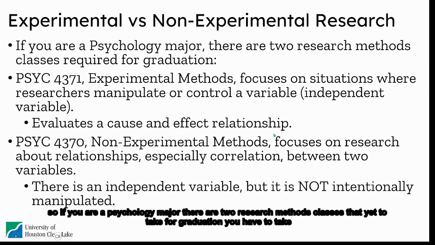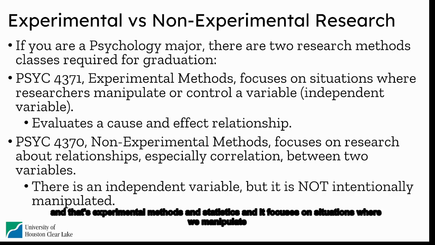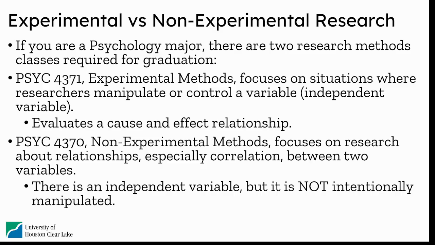So if you are a psychology major, there are two research methods classes that you have to take for graduation. You have to take 4371, which is this class, and that's experimental methods and statistics, and it focuses on situations where we manipulate or control a variable, and we're specifically evaluating a cause and effect relationship.